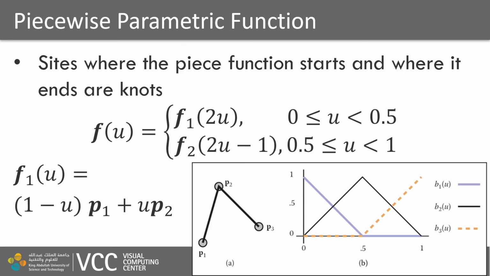Let's look at how the basis functions will look for piecewise parametric functions. We can see here that our parameter range is between 0 and 1, and our u is split into two halves of subintervals, one defined for one function and one defined for another function.